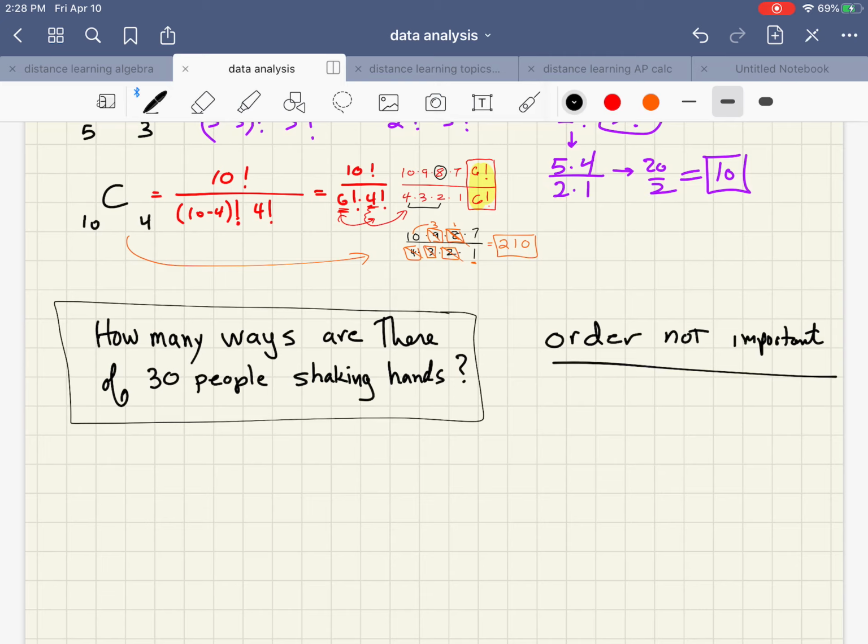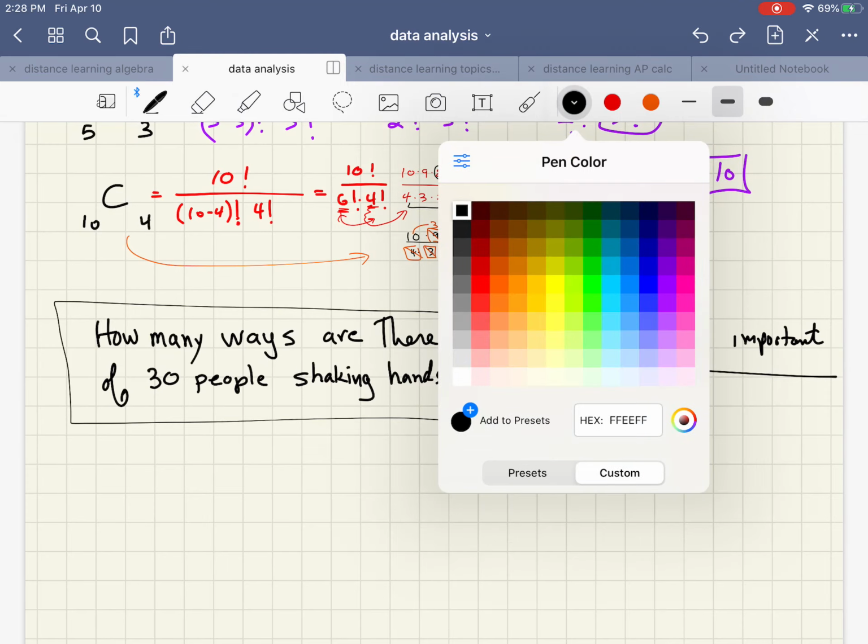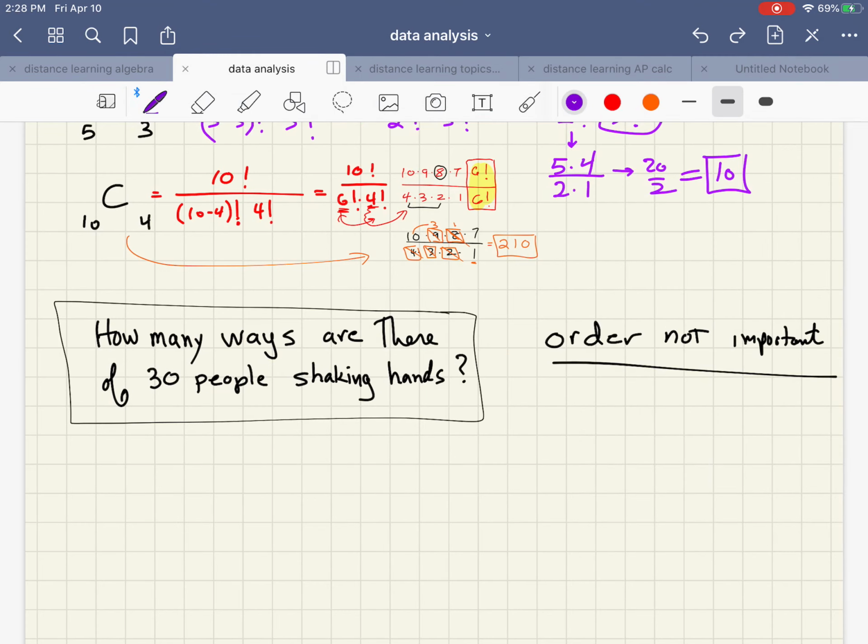Now, the timing of this video is kind of interesting, considering the example I'm using and the social distancing that people are practicing. We won't be shaking hands with anyone, at least for a little while. But from a mathematical perspective, we can still work on this. When I shake hands with you and you shake hands with me, it doesn't matter.